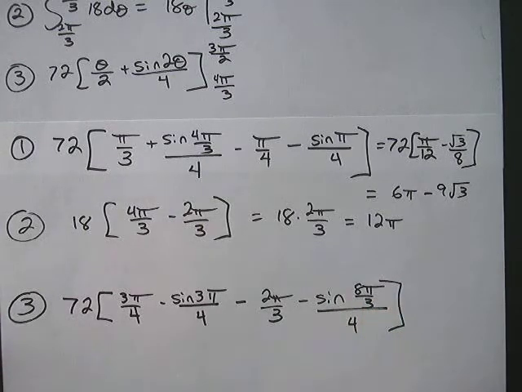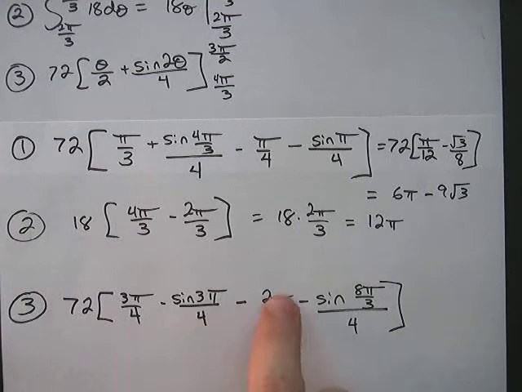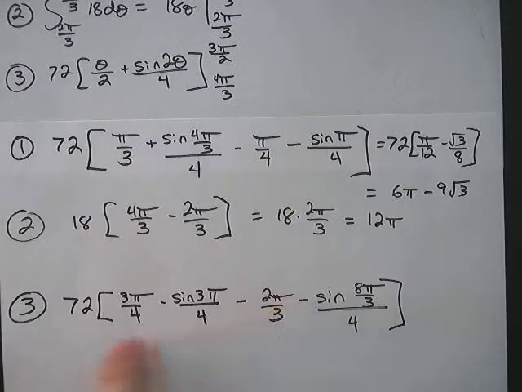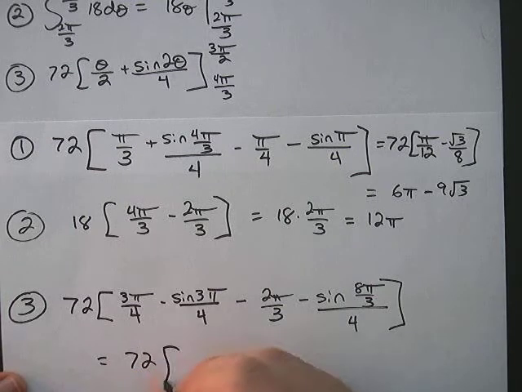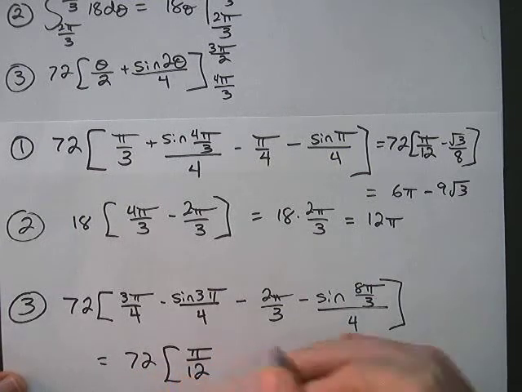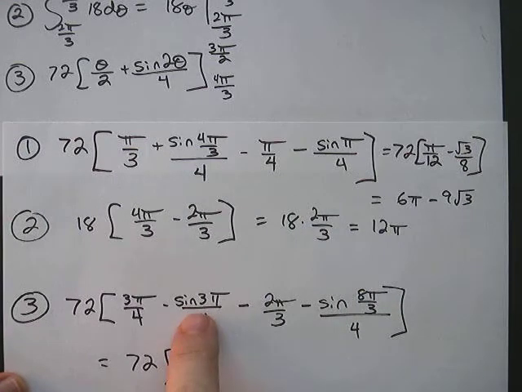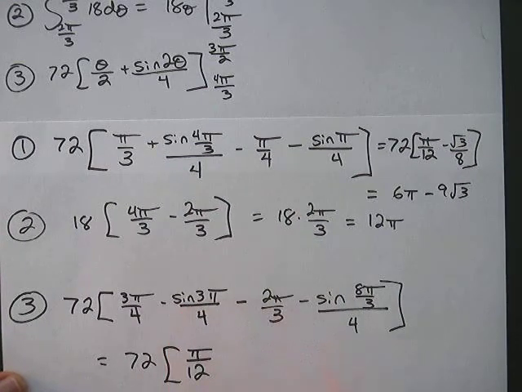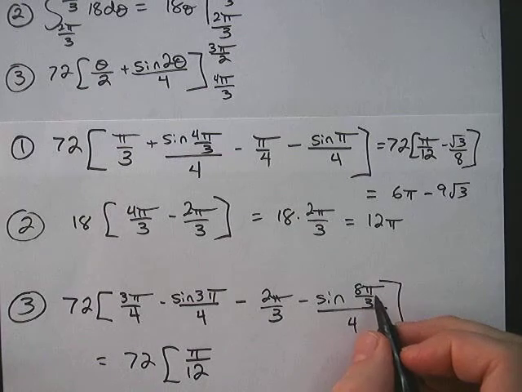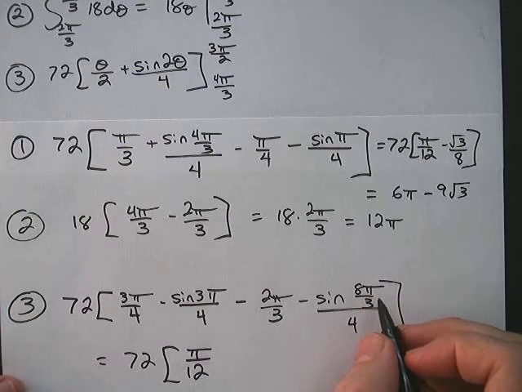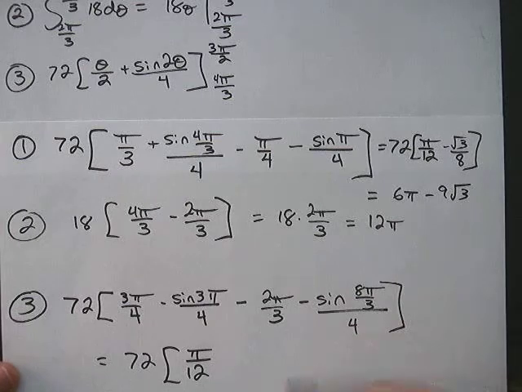Okay. So 3 pi over 4 minus 2 pi over 3 is also going to be pi over 12. So this is equal to 72 times pi over 12. Okay, and then this one, sine of 3 pi is going to turn into 0. Okay, and then this one, 8 pi over 3 is going to turn into root 3 over 2.